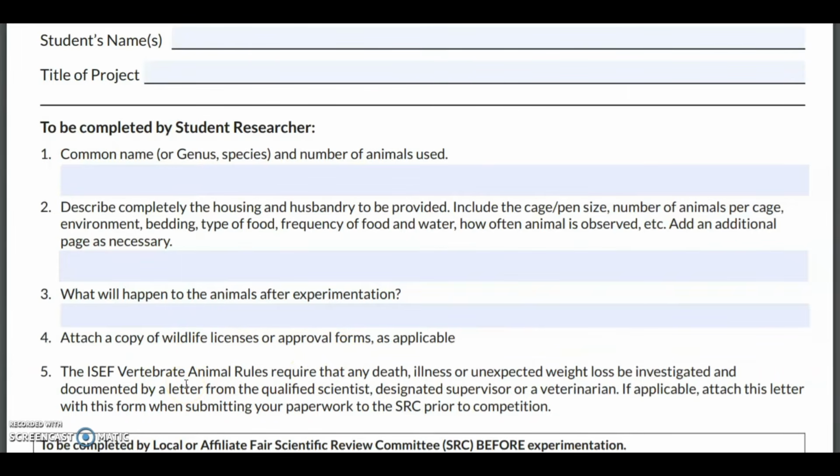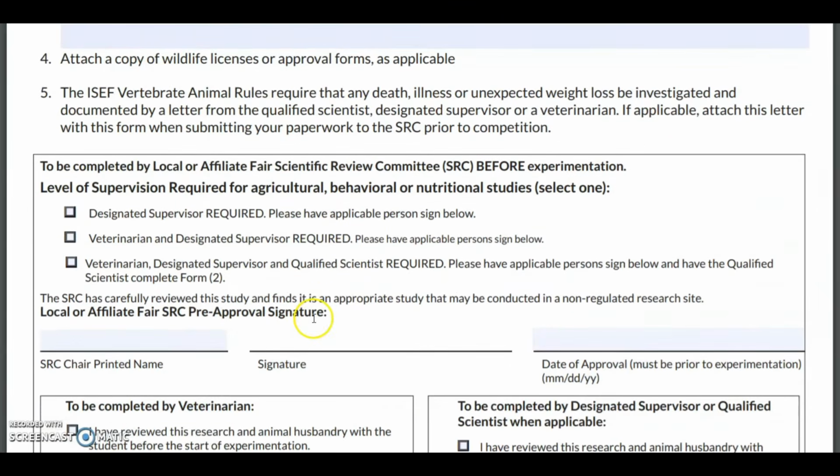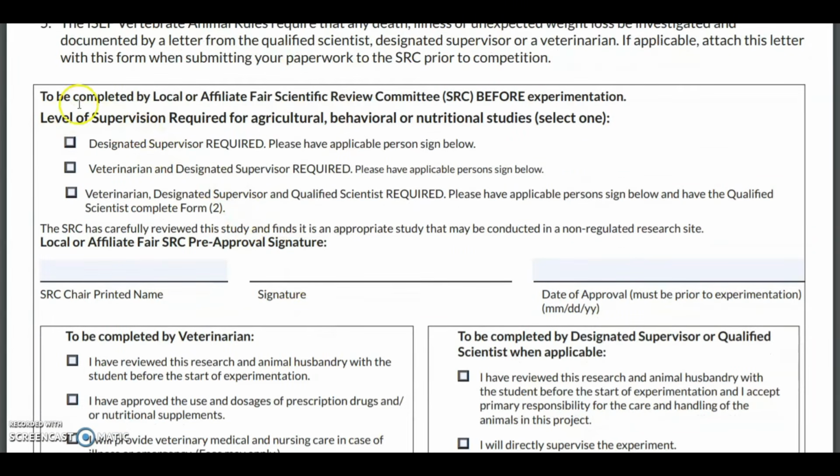There is also a requirement, like ISEF vertebrate animal rules require that any death, illness, or unexpected weight loss should be investigated. Okay, written here below, these should be completed by the local or affiliate fair SRC before experimentation.